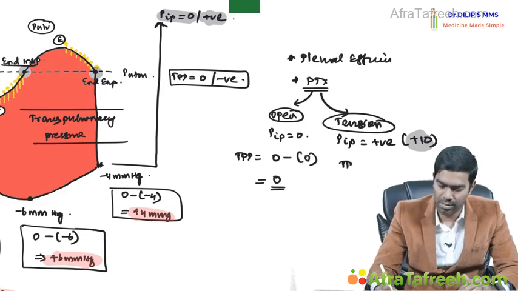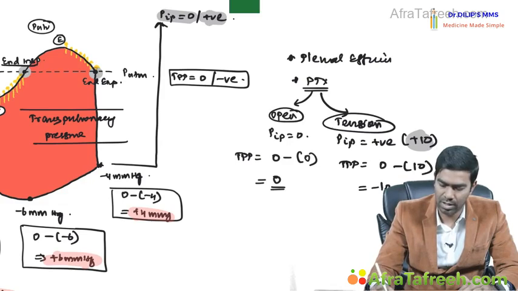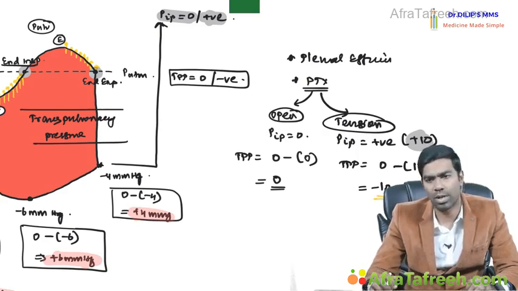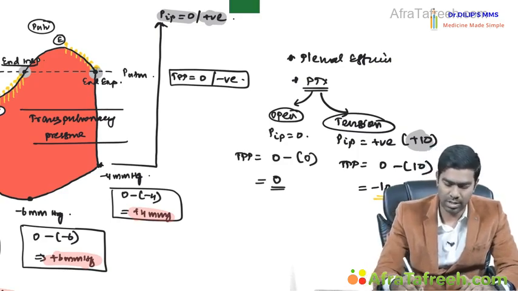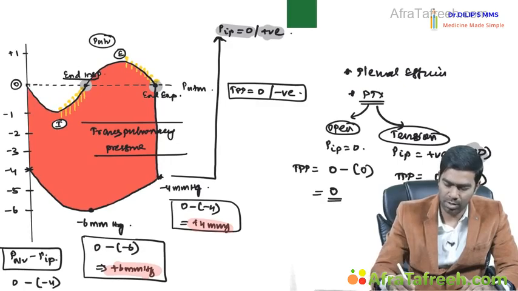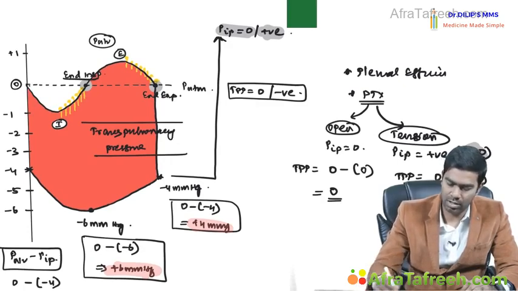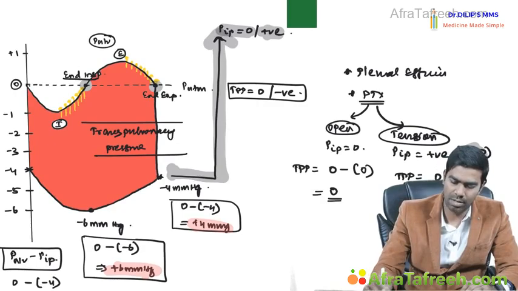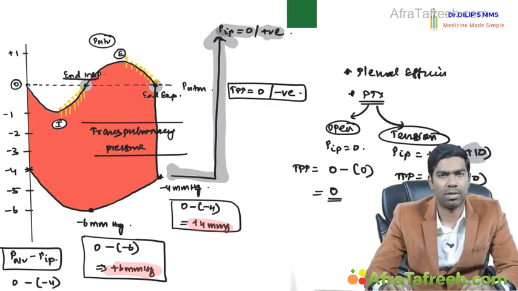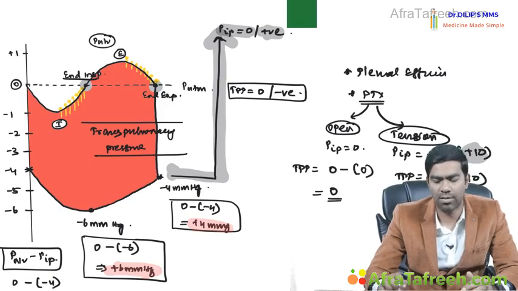So here the transpulmonary pressure will be 0 minus 10, equal to minus 10 millimeters of mercury, which means your transpulmonary pressure is negative, which is going to collapse the alveoli dramatically. Clear? In this condition, your intrapleural pressure is going higher compared to the alveolar pressure, and that is the reason why you get the alveolar collapse.